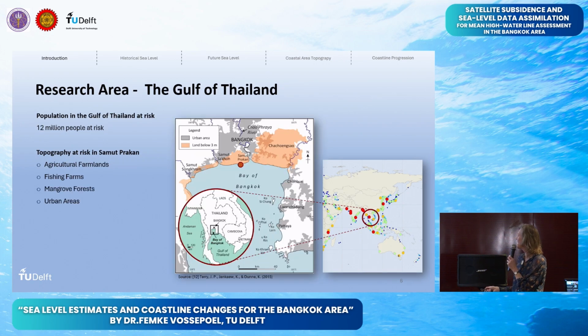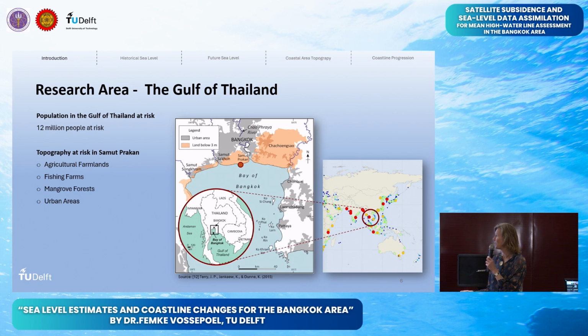The research area for this work is then the Gulf of Thailand. Well, you've seen this all before, and Tijmen particularly looked at the Samut Prakan province, and he realized that in that province we have agricultural farmlands, a lot of fishing farms.